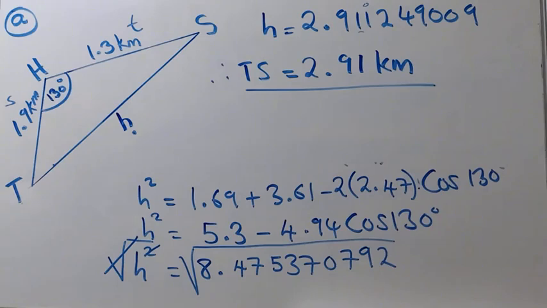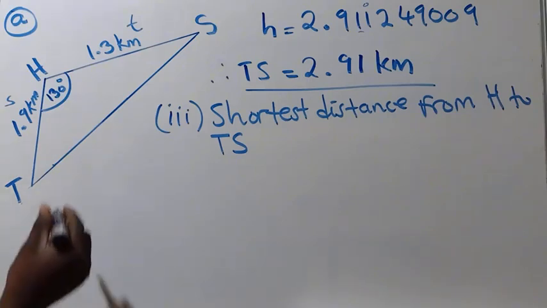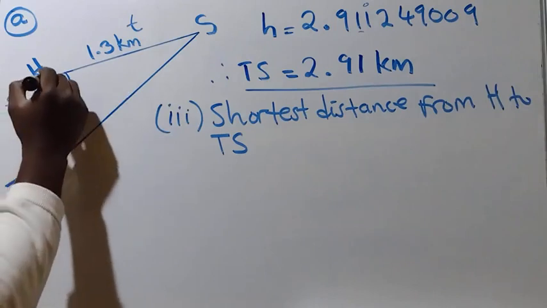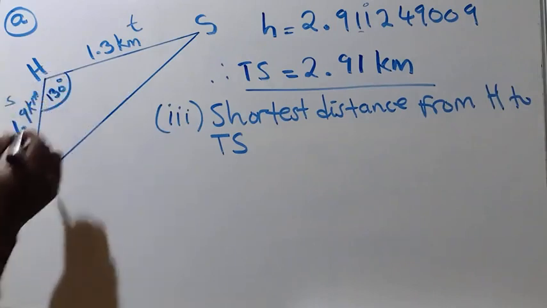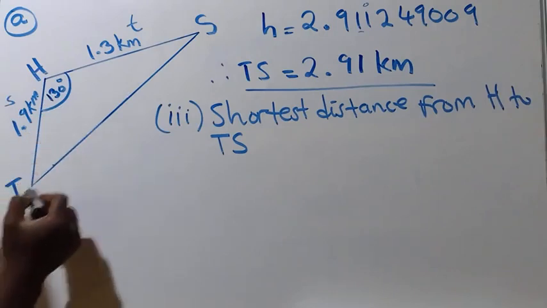Okay, stay with me. All right, so we are now on question 3, Roman numeral 3. They want you to find the shortest distance from H to TS. When you look at this diagram, H is right here. This shortest distance is coming from H until it reaches TS.